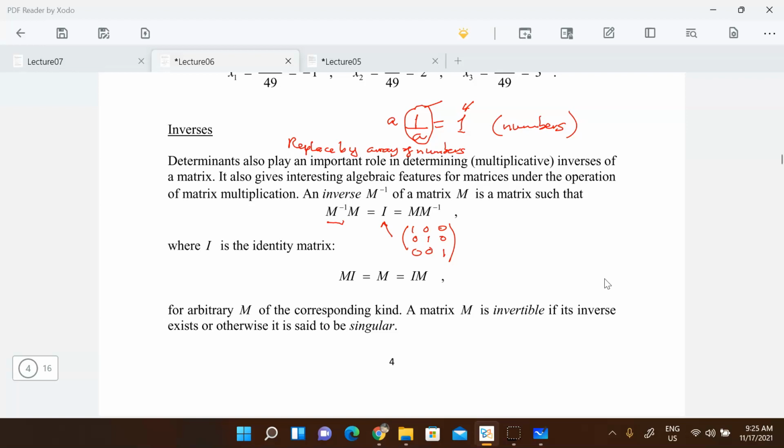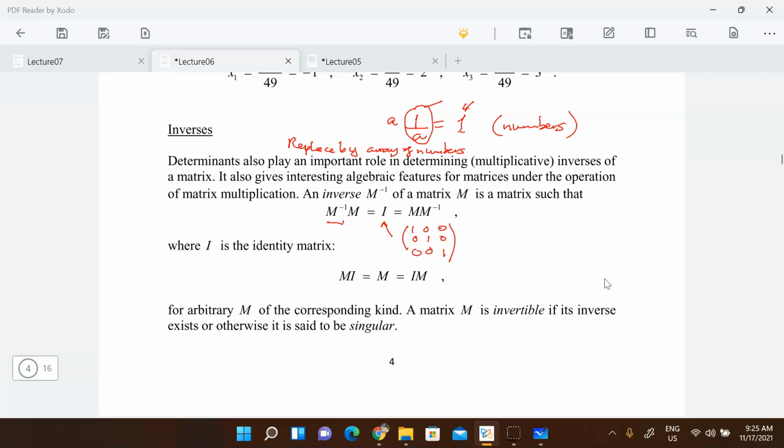This is multiplying on the left, getting confused with left and right now. Multiplying M inverse on the left, but you can also do the same multiplying M inverse to the right, and that gives you essentially the identity matrix.